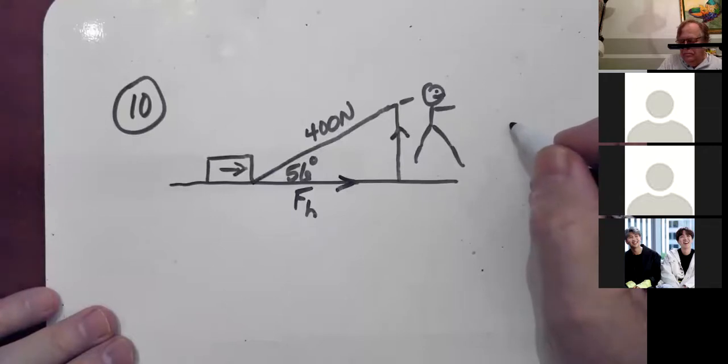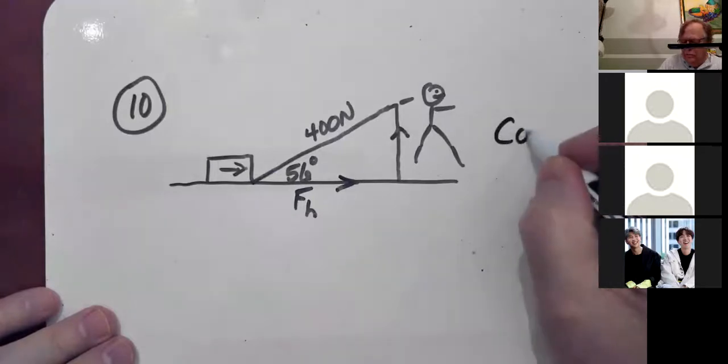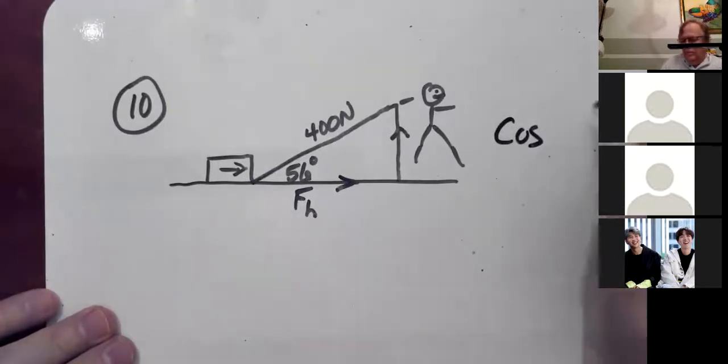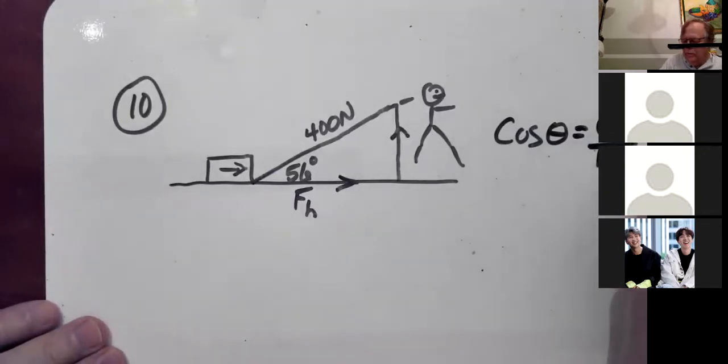It's cosine. Cosine of theta equals the adjacent over the hypotenuse.